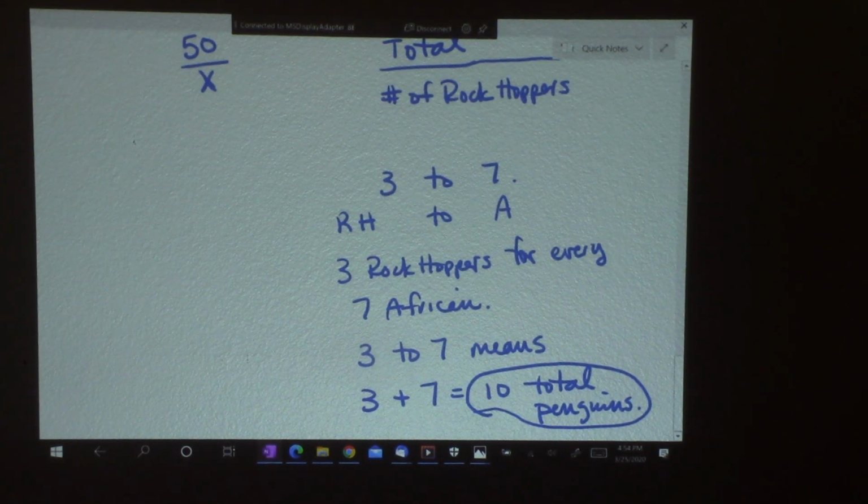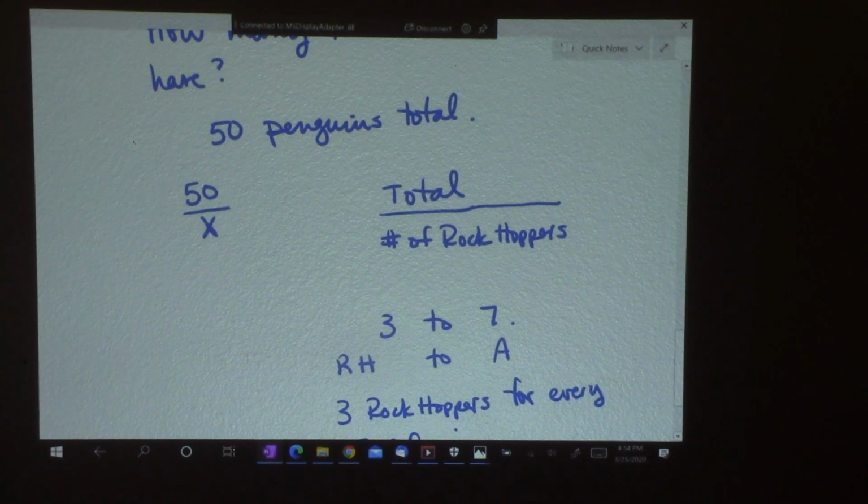So coming back up here, I've got 50 over x. I don't know how many total rock hoppers, but I do know the ratio tells me if I have 3 and 7, the total is 10. And then how many rock hoppers do I have in that ratio? I have 3.